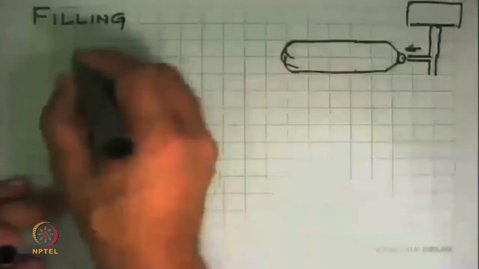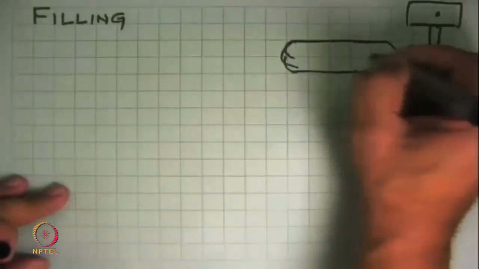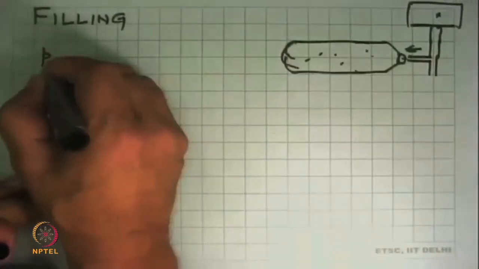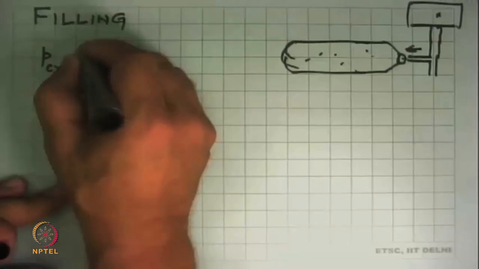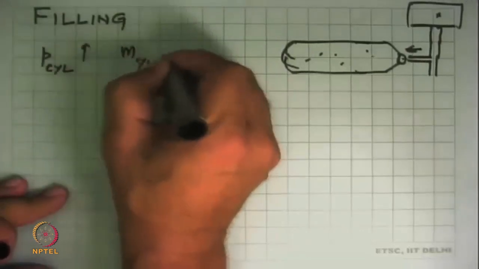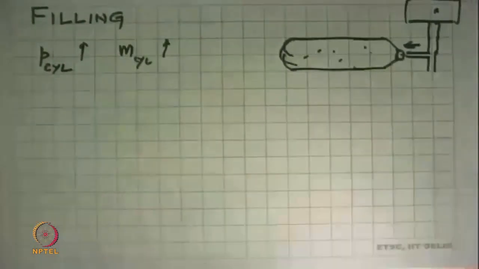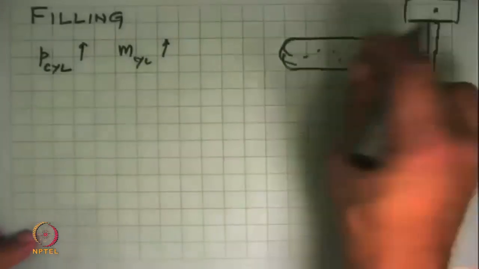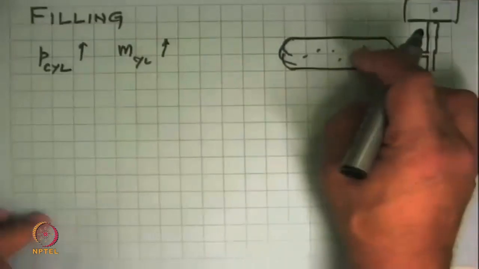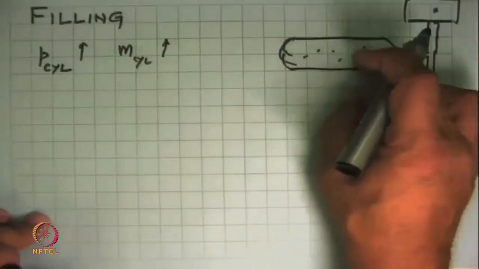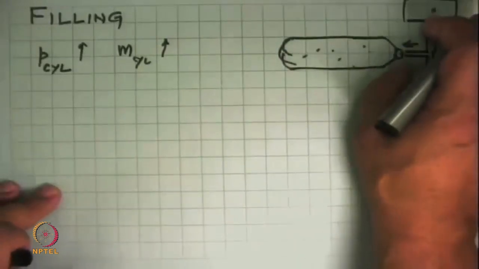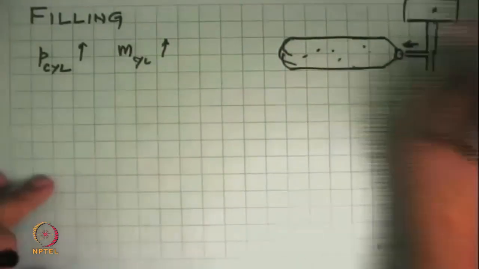That means during this process, we got flow going through this, and the pressure and the mass in the cylinder keep increasing. It is an automatic system. It senses the pressure inside, adds a little more, and as soon as the safe working pressure of the cylinder is reached, it stops and your vehicle is filled. Then you have to go away.